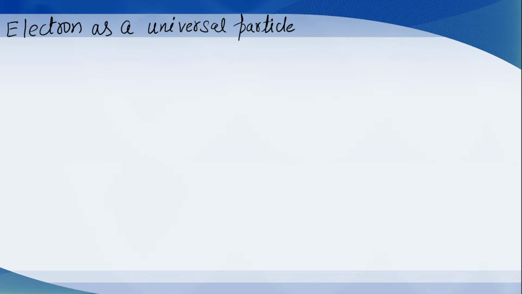The values of the charge, mass, as well as their charge to mass ratio always remain the same, whatever may be the source of origin. That's why electrons may be regarded as a universal particle.